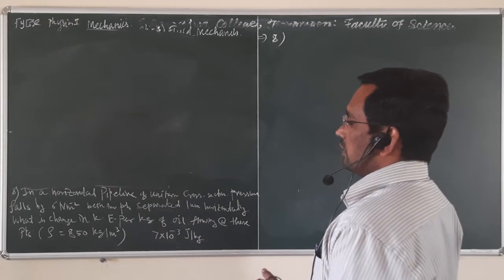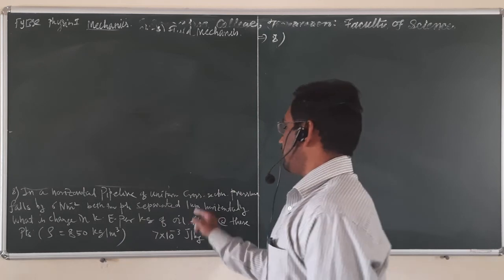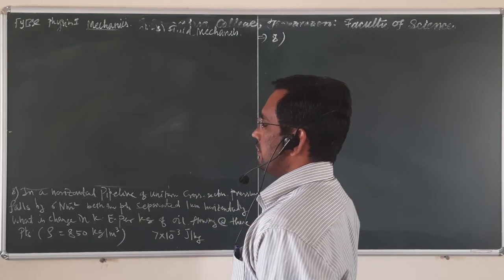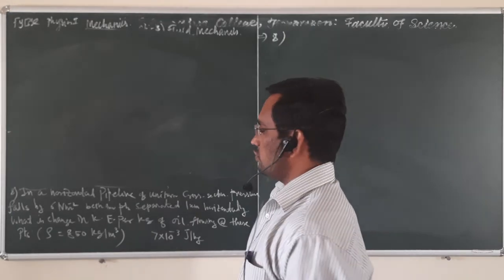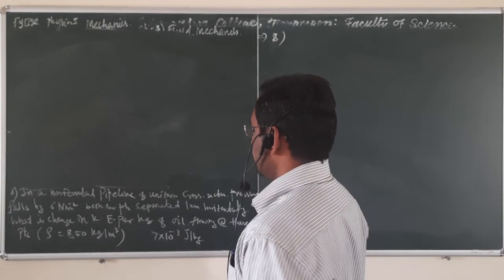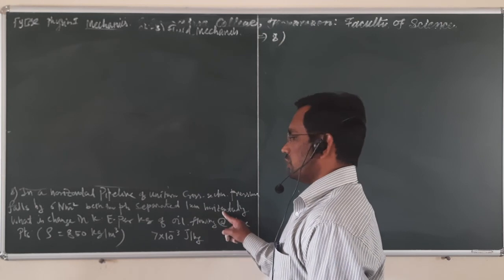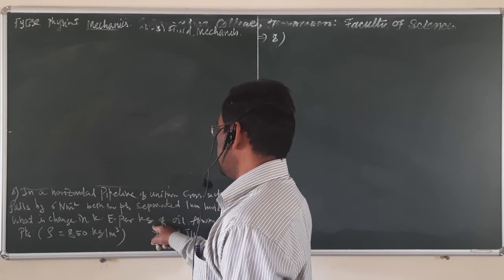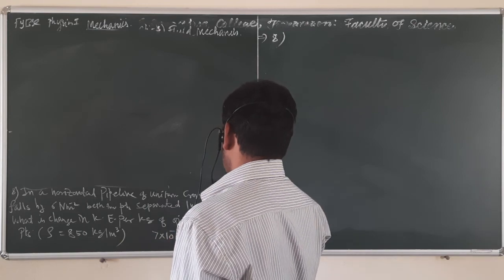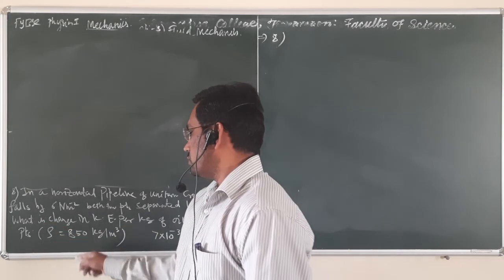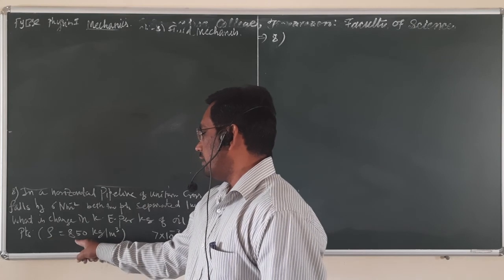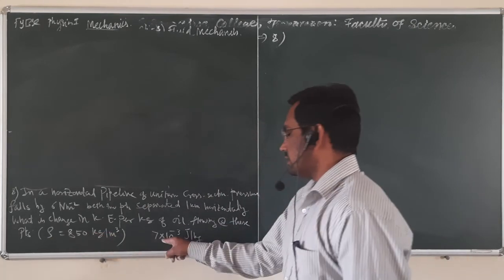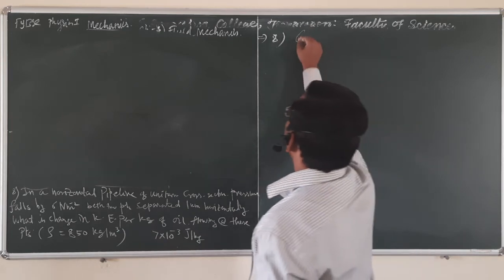In a horizontal pipeline of uniform cross section, pressure falls by 6 Newton per meter square between 2 points separated 1 kilometer horizontally. What is the change in kinetic energy per kg of oil flowing at those points? The density of oil is given as 850 kg per meter cube.